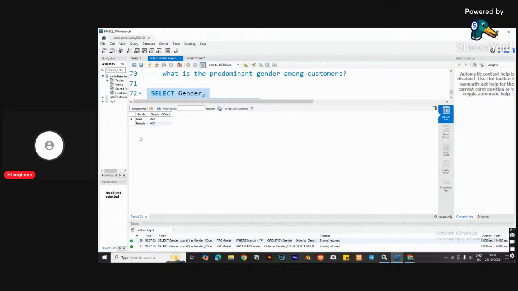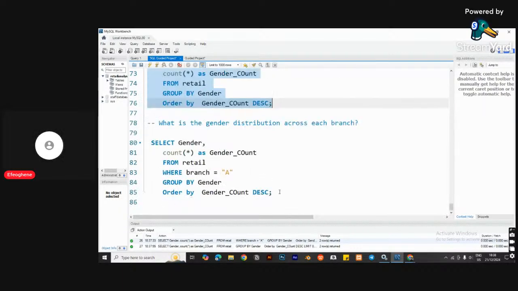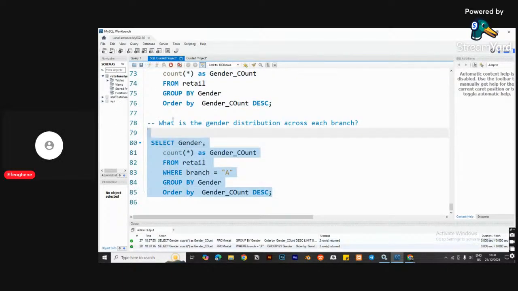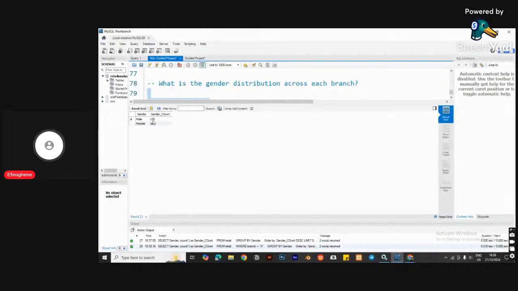This is 497. But in branch A, the proportion of male from this entire count is just this amount.